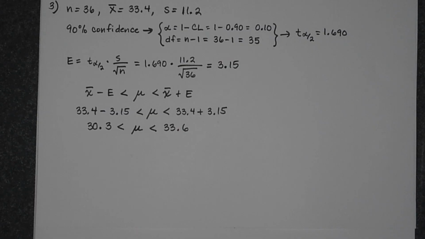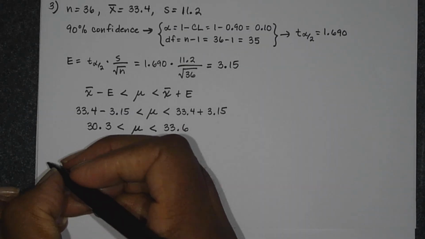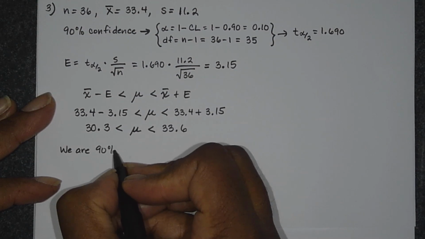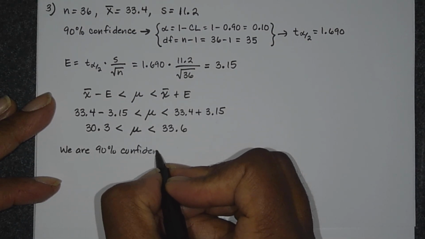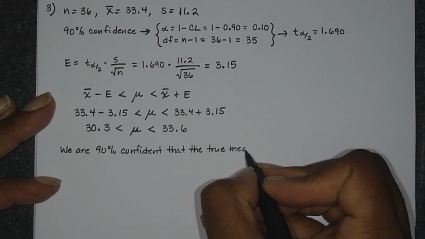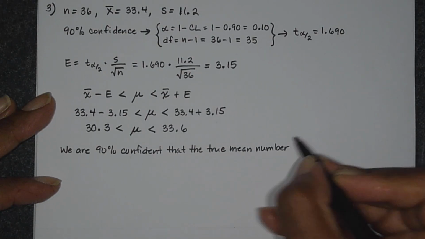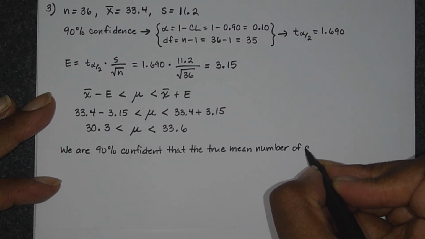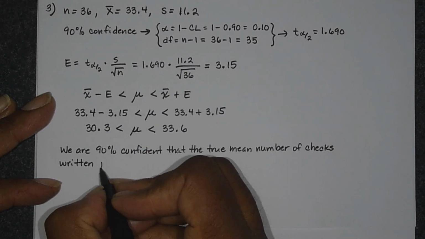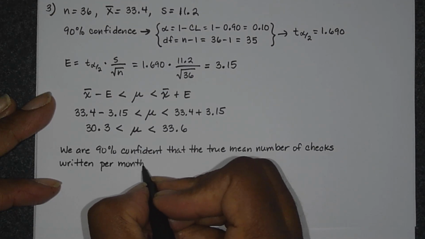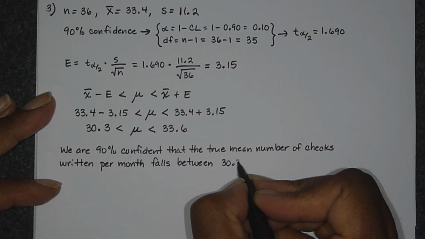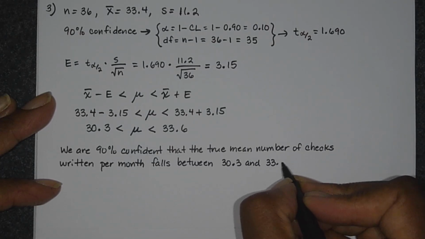All right, so now if we were to interpret that in words, we would say something like this, and we're dealing with a 90% confidence interval: we are 90% confident that the true mean number of checks written per month falls between 30.3 and 36.6.